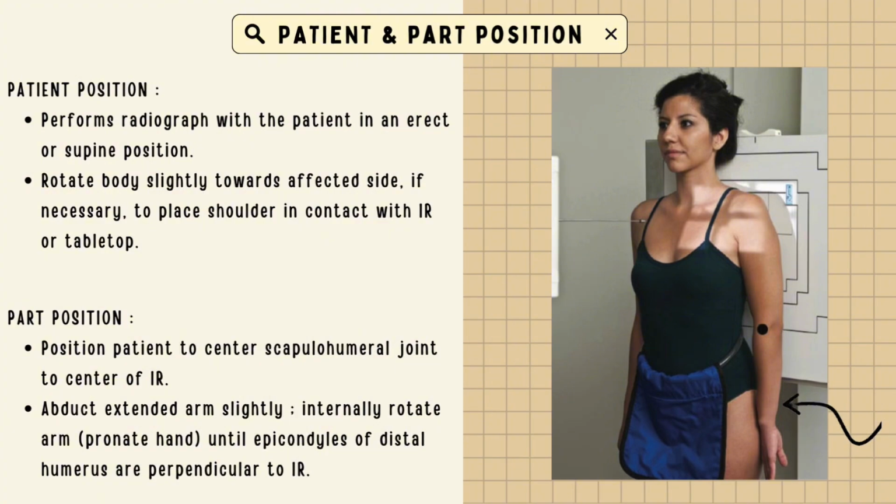For the part position, the patient is positioned to center the scapulohumeral joint to the center of the IR. The arm is slightly abducted and extended. Then, the arm is internally rotated by pronating the hand until the epicondyles of the distal humerus are perpendicular to the IR. As you can see in the video, focus on the arm that is internally rotated. That is how you perform internal rotation for the shoulder.